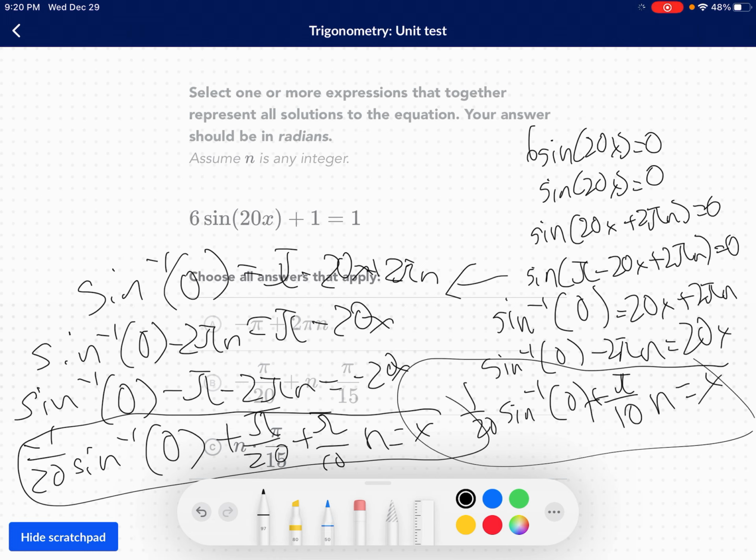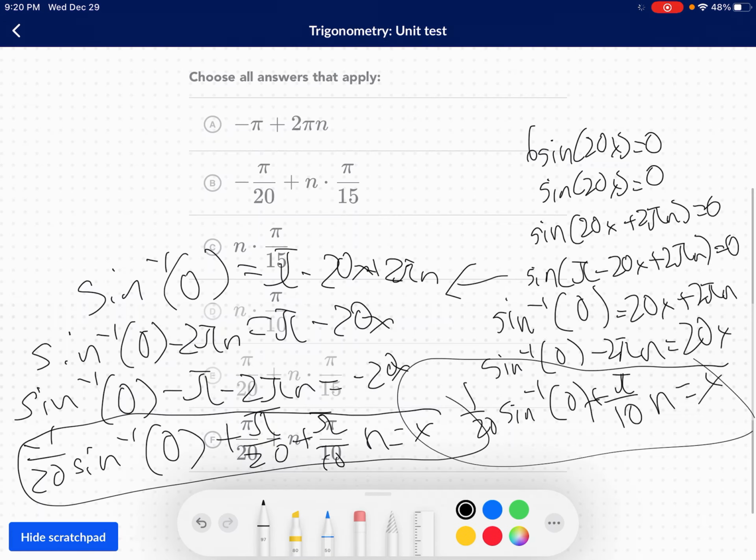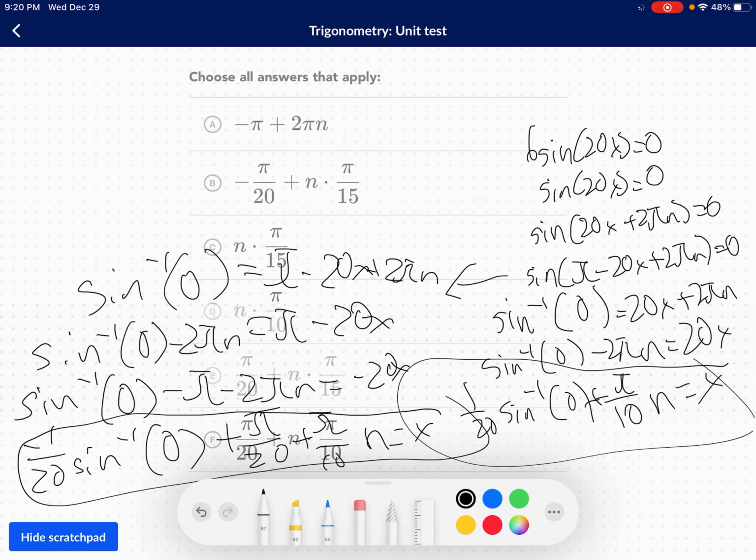So I'll just enter all this in the calculator. So 1 over 20 inverse sine of 0 plus, okay, that's 0. That's just 0. Yeah, so this on its own is a solution.